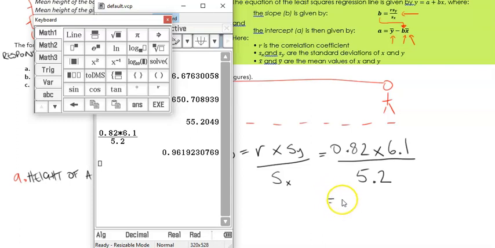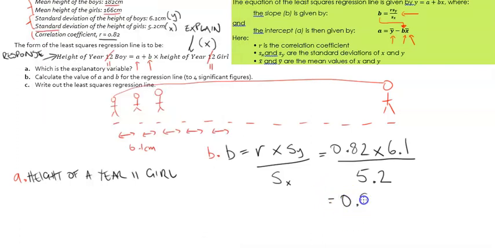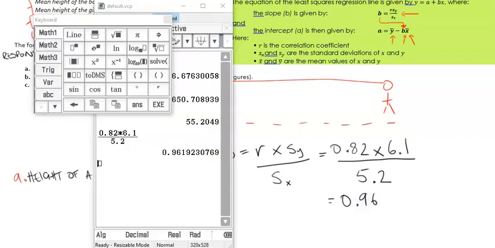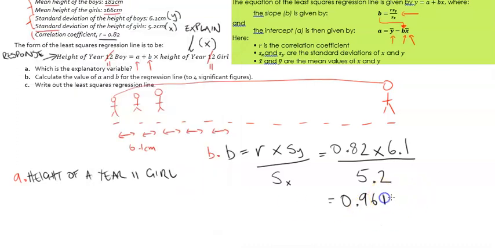It's going to be to 4 significant figures, I believe. 0.9619. There's my 4 significant figures. That 2 is lower than 5, so that 9 is unchanged. 0.9619. So we have our b value.